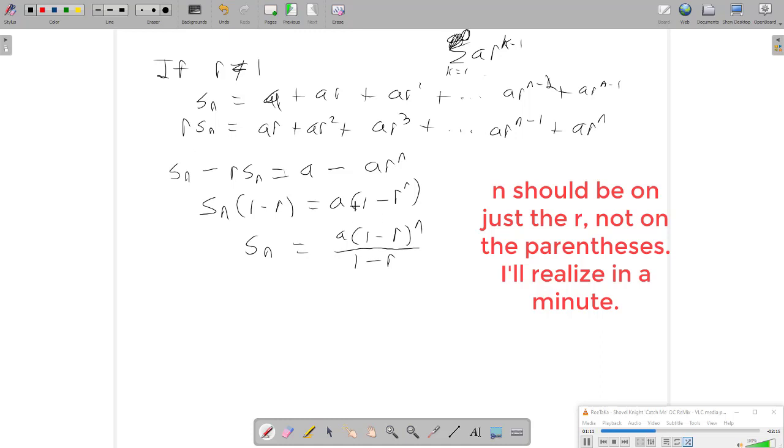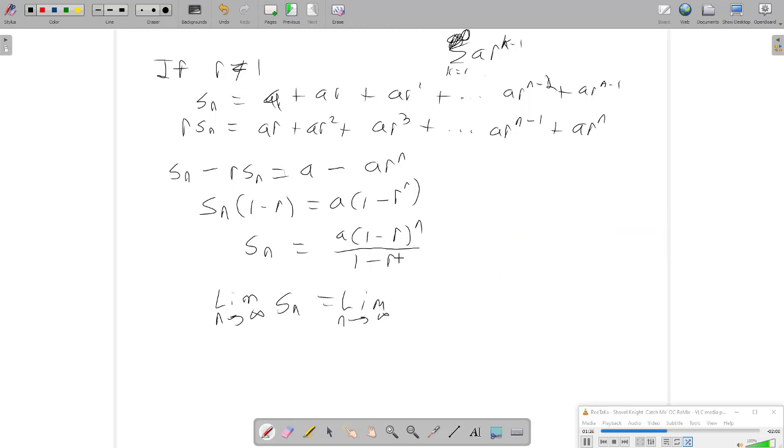Now, since this is true whenever r is not equal to 1, if we look at the limit as n goes to infinity of S sub n, which is the limit of a times 1 minus r to the n over 1 minus r: if r is less than 1 in absolute value, r to the n will go to 0, because like 1/2 to the n, as n goes to infinity, will get smaller and smaller. 1/2, 1/4, 1/8, 1/16, etc. So in that case, this will go to a over 1 minus r.